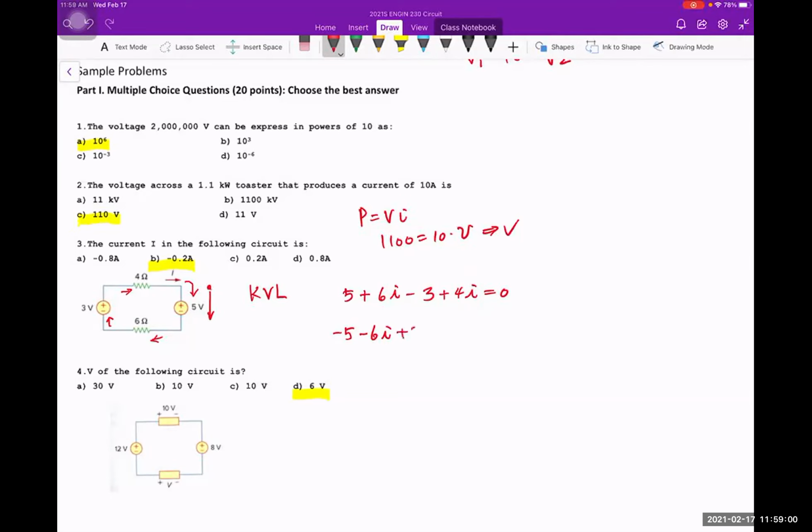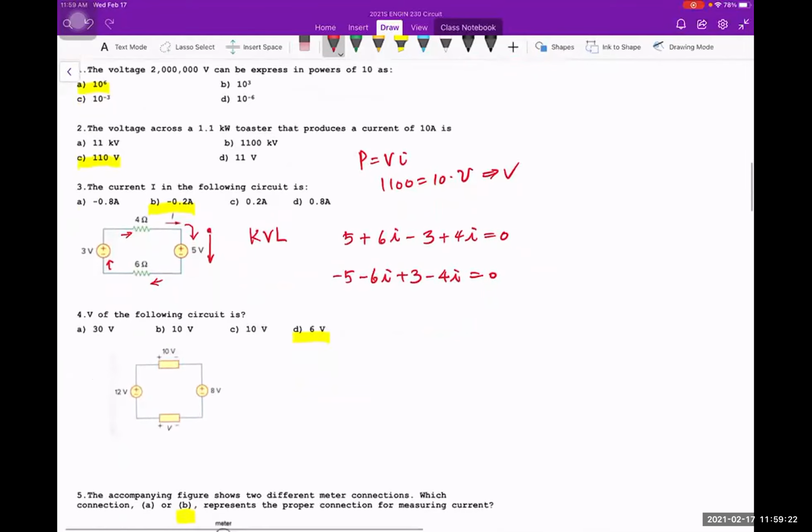Then you put +3. You go to the 4 omega, it's voltage drop. Resistor always cause the voltage drop. You put -4I equal to 0. This is going to be the same as the previous one. Whichever the method that you prefer, you can use either one. Just make sure some should be drop, some should be gain. Question about this?